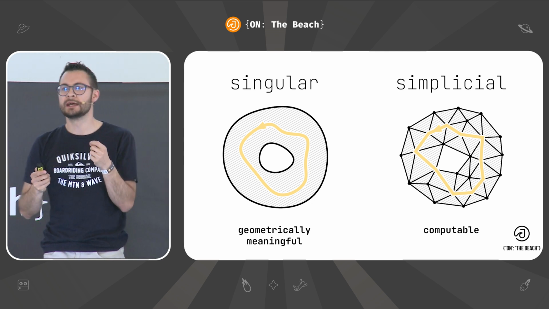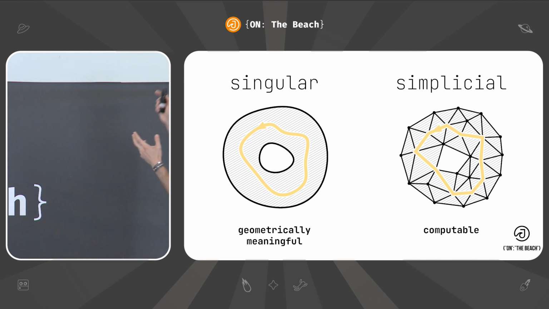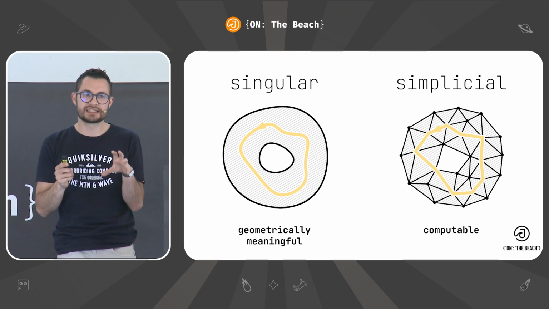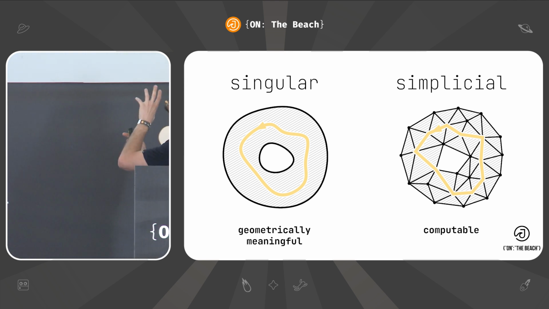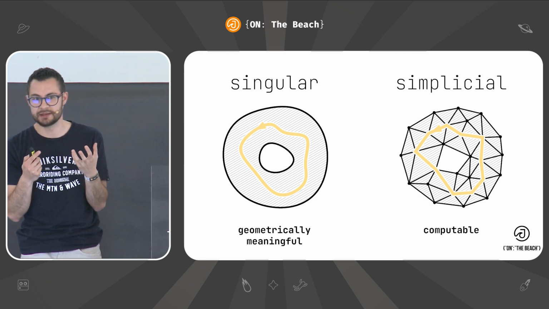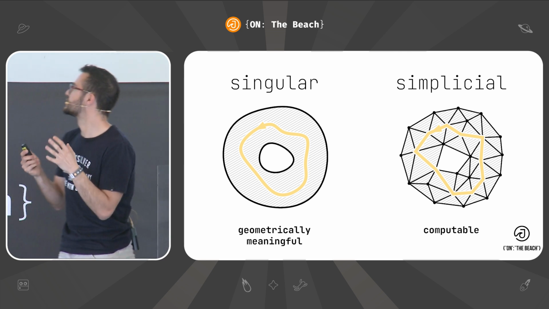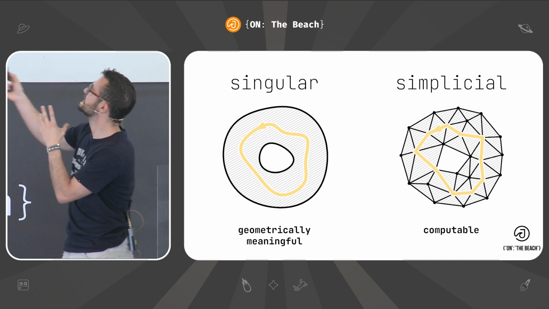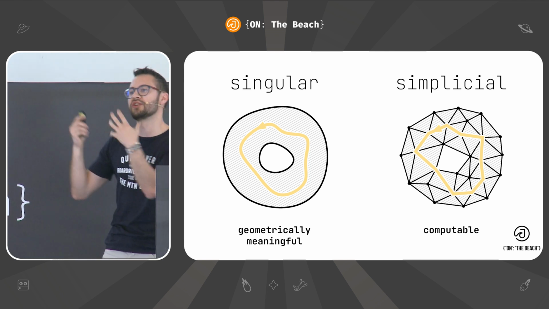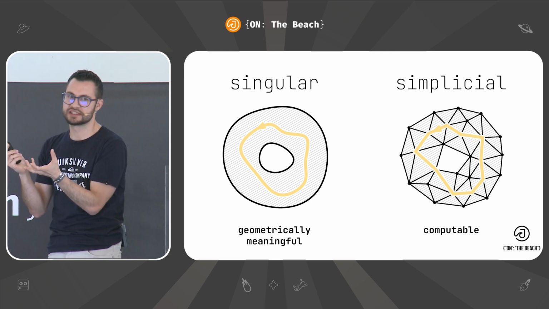That's why, even when we could take many different triangulations and the calculus in between would be different, the results are always the same, because the singular homology is always the same. So these are the two variants. One is very computable, the other one makes a lot of sense.